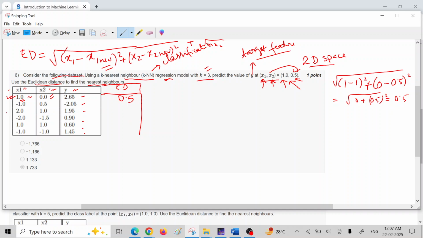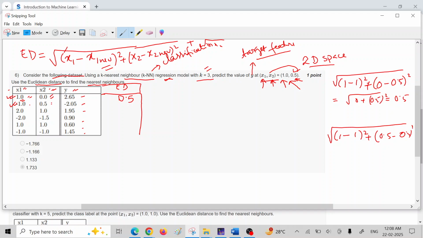Similarly, we will calculate for the second data point. Square root of the x1 data point, which is again 1, I will put 1, then the x1 value of the new data point, that is also 1, square, plus the x2 data point, 0.5, minus the x2 data point of the new data point, again 0.5.